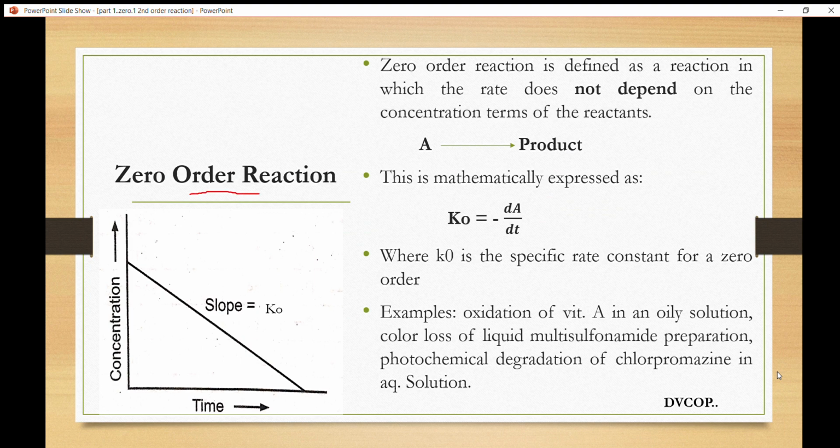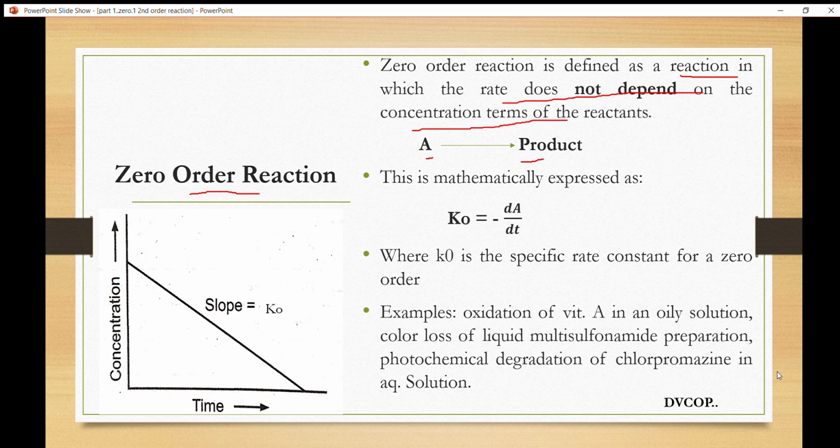A zero order reaction is defined as a reaction in which the rate does not depend on the concentration terms of the reactant. That means in a zero order reaction the rate does not depend on the concentration of the reactant. So reactant A gives the product.